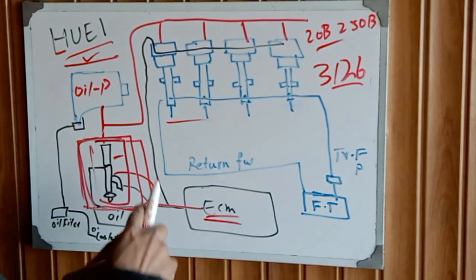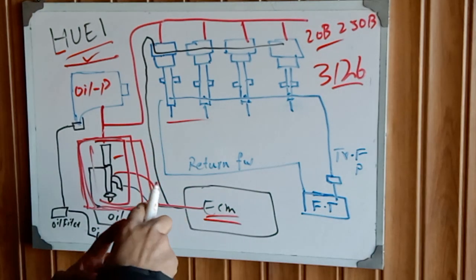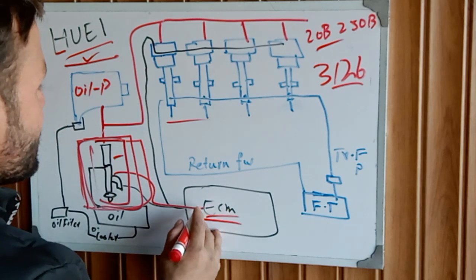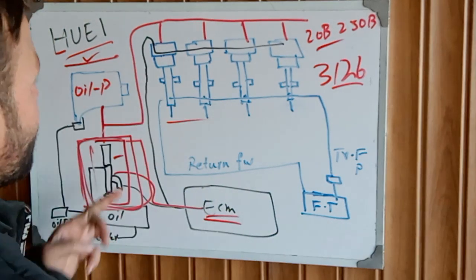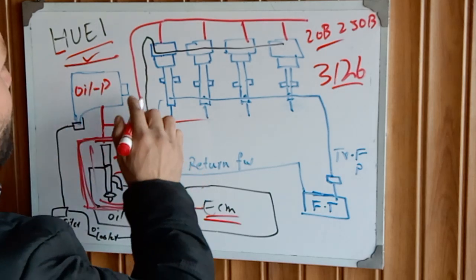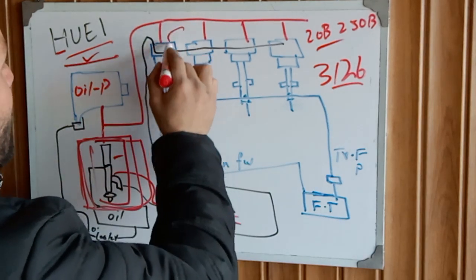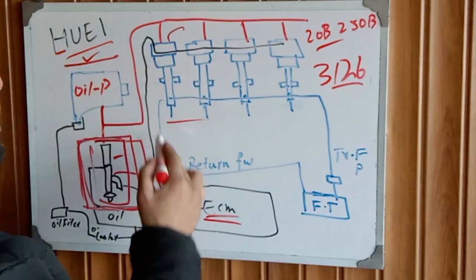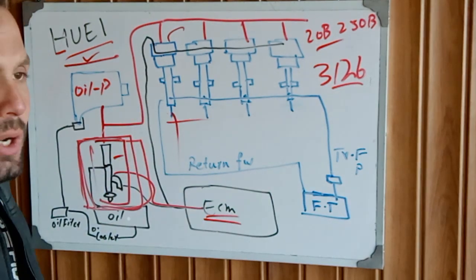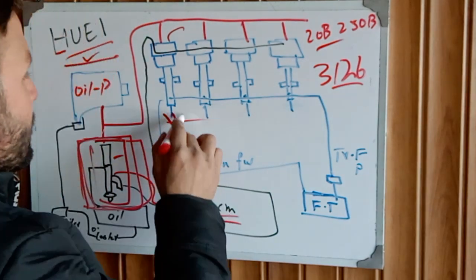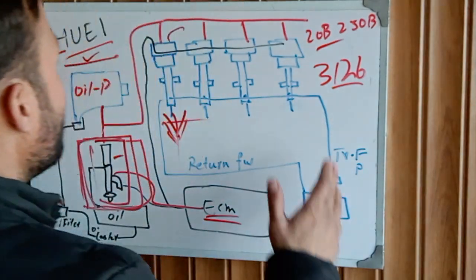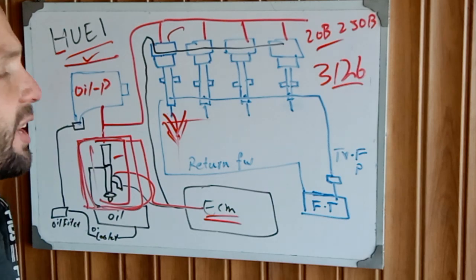This is the before-pressurized condition. When the ECM sends the pulse to the injector which is on top dead center, the solenoid inside is energized, the solenoid goes up, and the fuel is vaporized in the combustion chamber. This is the complete HEUI system.